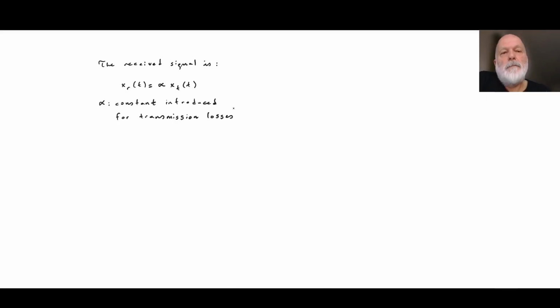Okay, because the antenna, although the antenna can be directive and it will direct the signal in a certain direction, still most of the transmitted signal will be lost in free space. It will be transmitted in other directions. So all of these are called transmission losses.